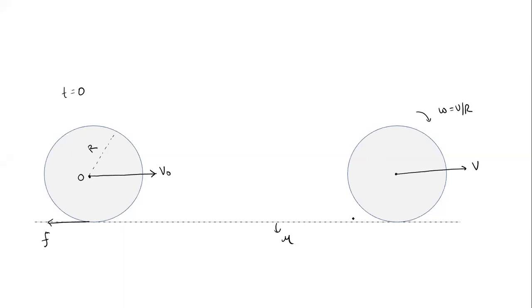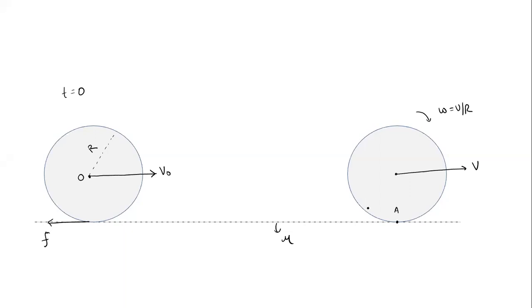Now when the body starts pure rolling, what will be the velocity of the point of contact? It would be 0, because for pure rolling, the velocity of the point of contact is 0.